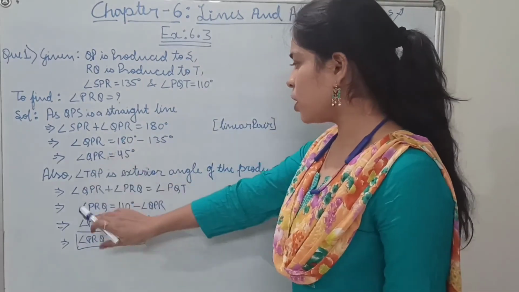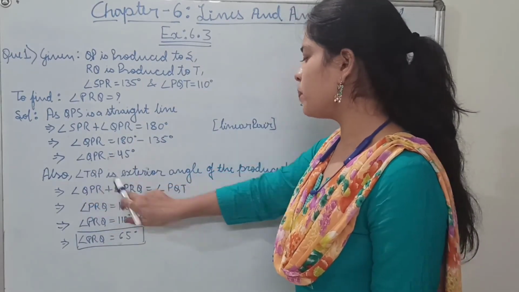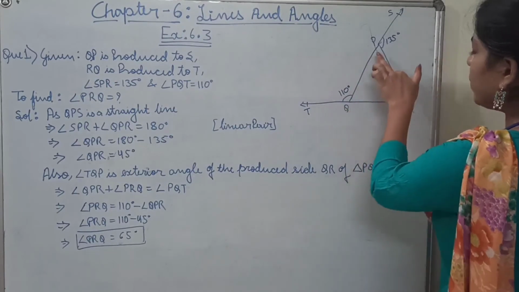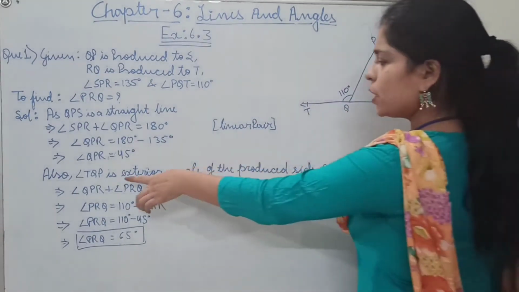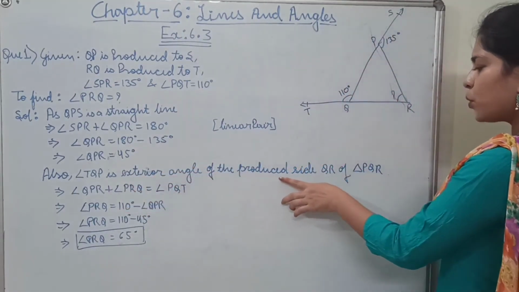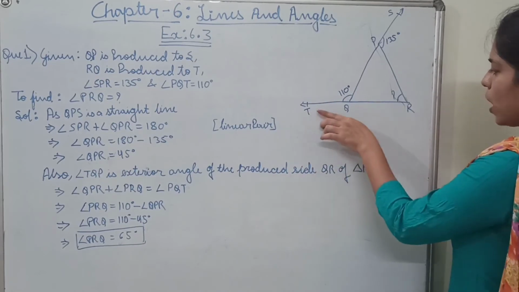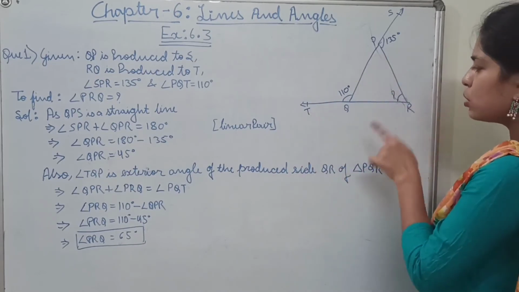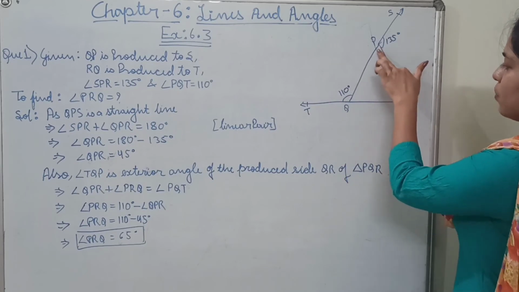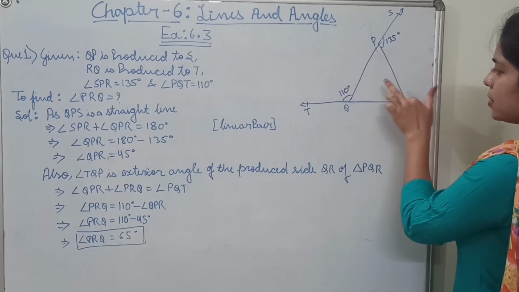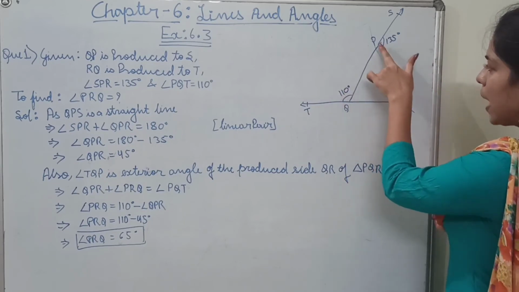Now see further. TQP or PQT, whatever you say, is the exterior angle of the produced side QR of the triangle PQR. So the sum of the two interior opposite angles of this angle will be equal to angle PQT.